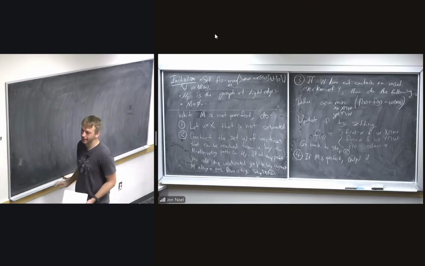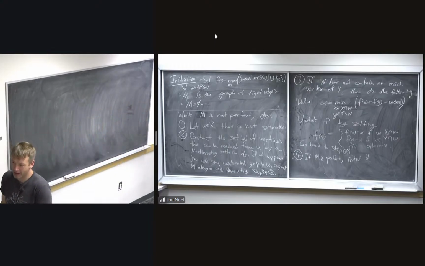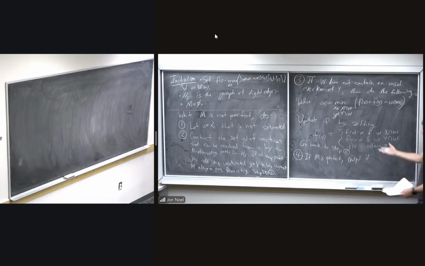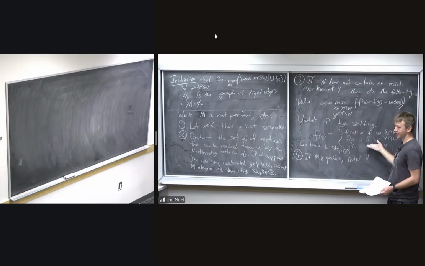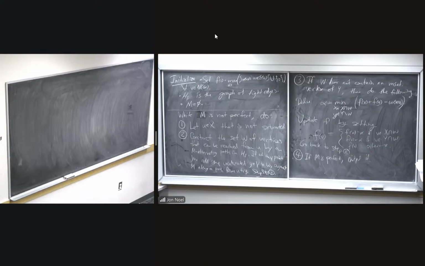In step 2, if you find an augmenting path, augment it, and then you get a bigger matching. Step 4, if you find a perfect matching, you're happy. Step 1, you can always do that. I think step 3 is the weird one that we need to think about. We need to think about why this is not just going to loop on forever or something.